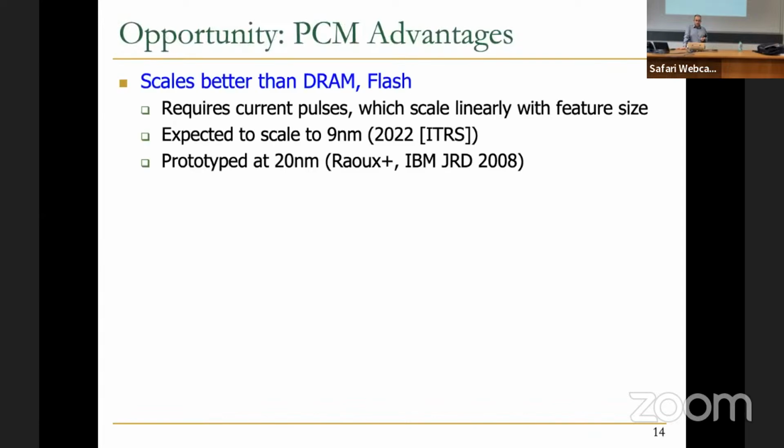So there are some opportunities that PCM provides. It scales better than DRAM and flash. It requires current pulses, which scale linearly with feature size, and is expected to scale to 9 nanometer. That's the report from ITRS in 2022. And we even have a prototype at 20 nanometer from IBM.